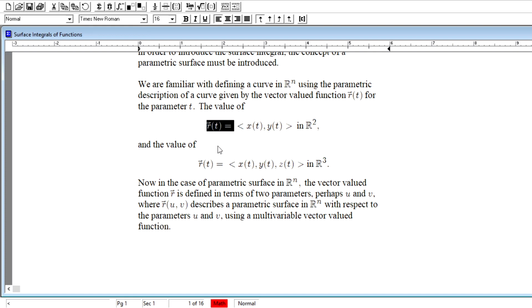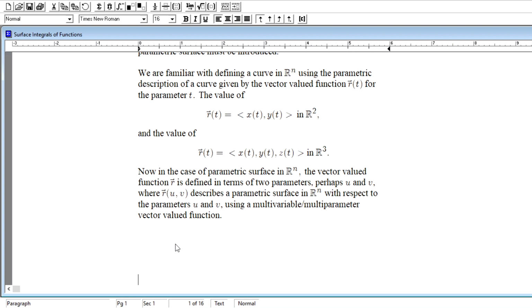A parametric curve is described by a single parameter vector valued function, whereas here we're going to see a multivariable vector valued function, a case with multiple parameters, right? Or, to be a little bit more specific, a multi-parameter vector valued function, right? u and v playing the role of the parameters in this function.